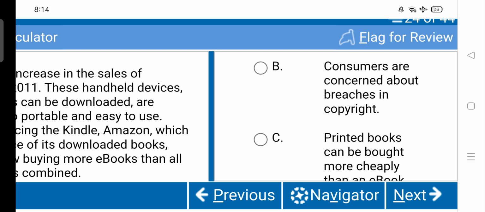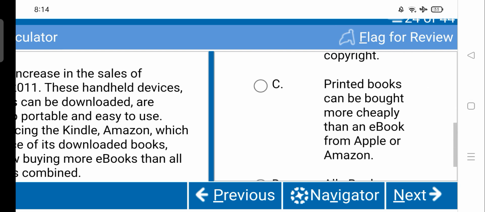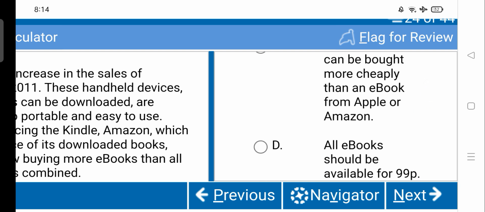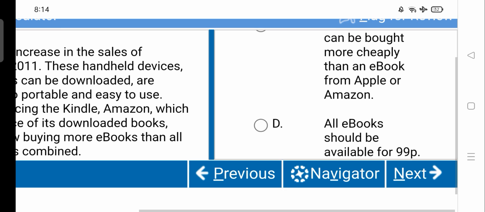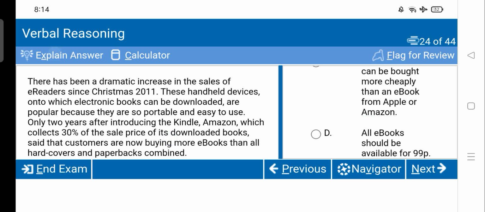Option B. Consumers are concerned about breaches in copyright. Option C. Printed books can be bought more cheaply than an e-book from Apple or Amazon. Option D. All e-books should be available for 99p.